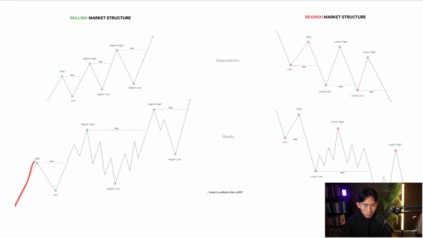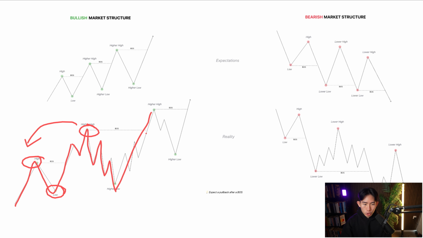So price went up, creates a pullback, and then goes up, holding a higher low right here, and then it continues higher, right? So over here, this is like a minor low pullback, right? But price continues going up even higher, right? So this is the last low, and then this is the last high, and then this is where price starts pulling back again. And now this becomes the new high, which is much higher than the previous high. And then later on, it led to a break of structure to the upside again, giving us a new low.